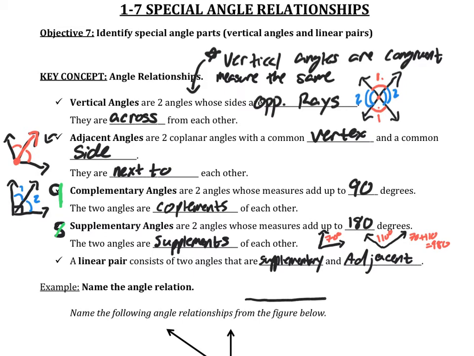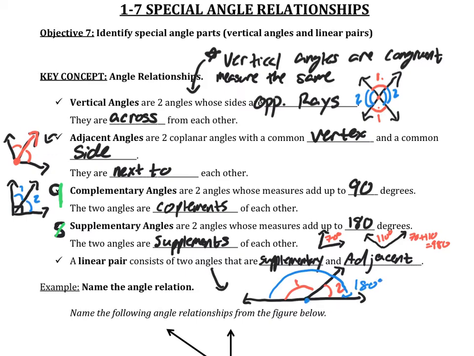So oftentimes these angles look like we took a line and just drew a ray extending out from that line. And then we have two angles, angle 1 and angle 2 here. And because this is a line, remember a line is sort of like a straight angle, which is 180 degrees. So overall, the total angle is 180 degrees here.